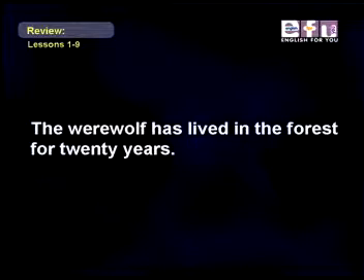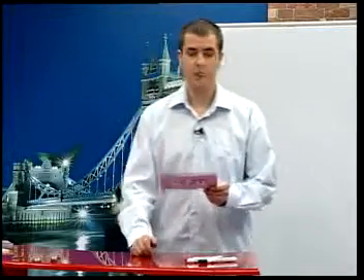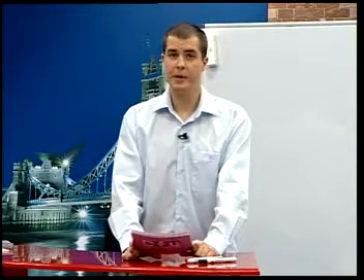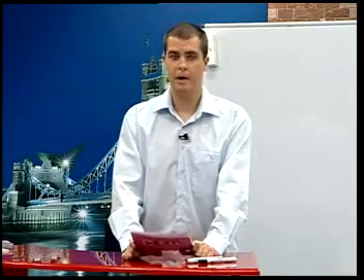The werewolf has lived in the forest for 20 years. The verb in this sentence, has lived, is in the present perfect. Okay, we use the present perfect to express a situation that began in the past and continues until now, especially with verbs like live.